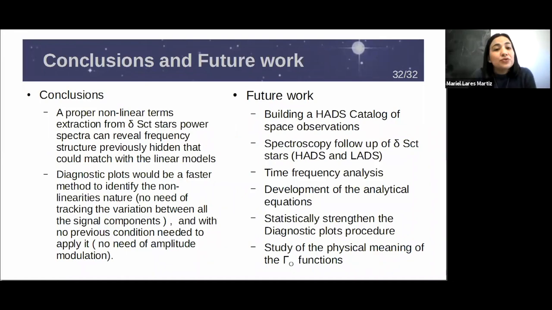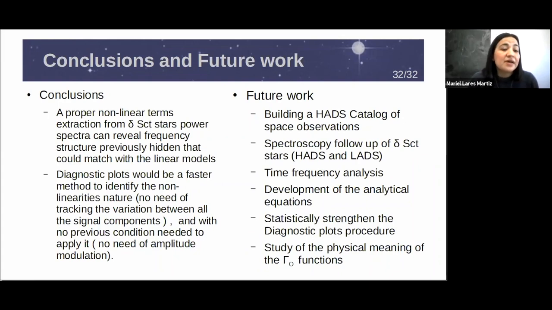So the two main conclusions of this work are that, as I said, a proper nonlinear extraction of the power spectra could reveal frequency structure that matches the linear models available.